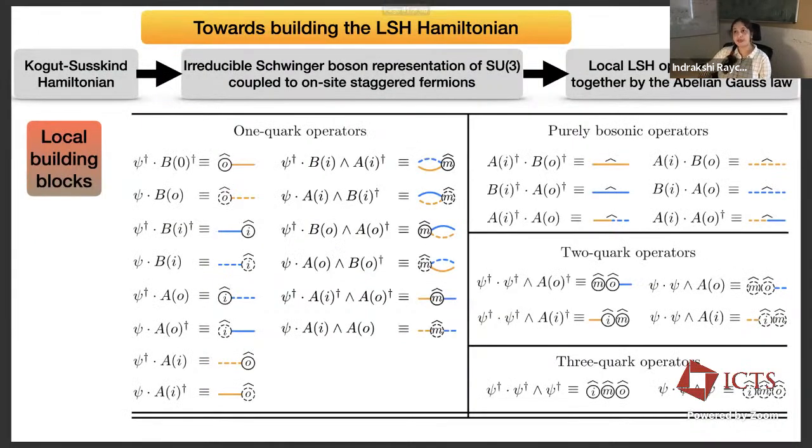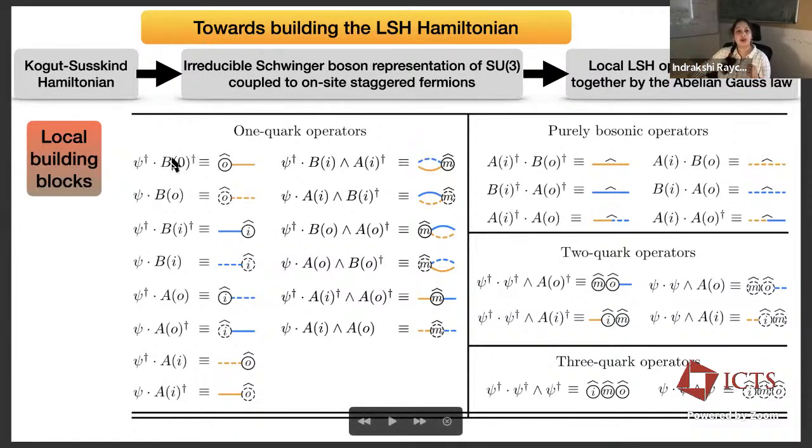Now that's not enough. We'll have to find a representation of the Hamiltonian in this basis. So we proceed in that direction. I have already shown you that in the prepotential formulation, the canonical conjugate variables are re-expressed in terms of bosons, the Schwinger bosons or the prepotentials. This results in the Hamiltonian containing some local on-site building blocks.